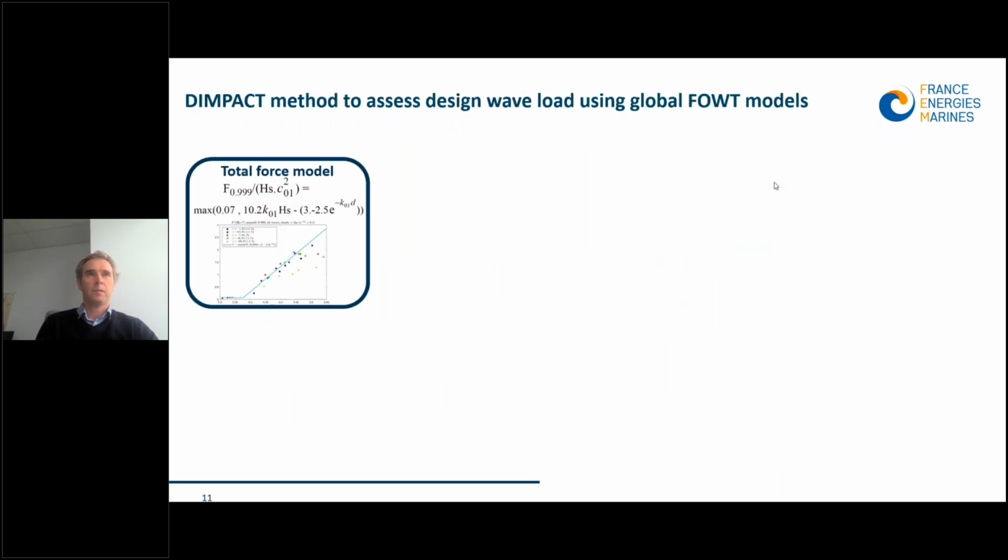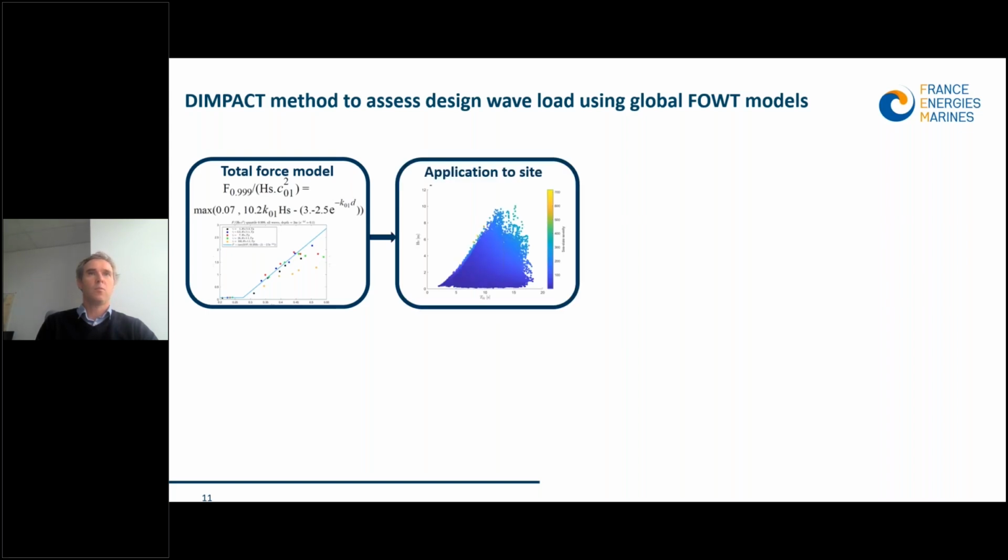So using all these scientific results, we built a full method to assess design wave loads using global FOWT models. What we did is use this relation between linear and nonlinear waves, and also wave tank experiment results connecting the gamma parameter to the wave loads measured on the cylinder. We came up with a total force model that gives us, for any sea state, just knowing simple parameters of the sea state, typically significant wave height and peak period, the load potential of the sea state.